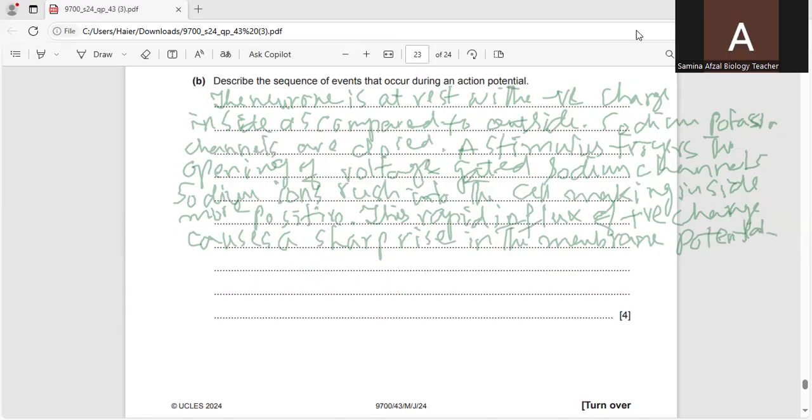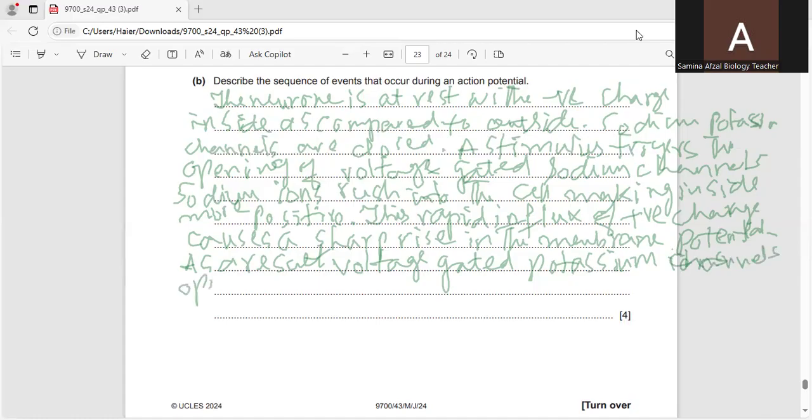At this point, as a result, voltage gated potassium channels open, allowing potassium ions to flow out of the cell.